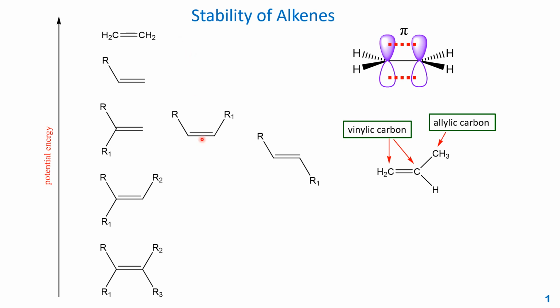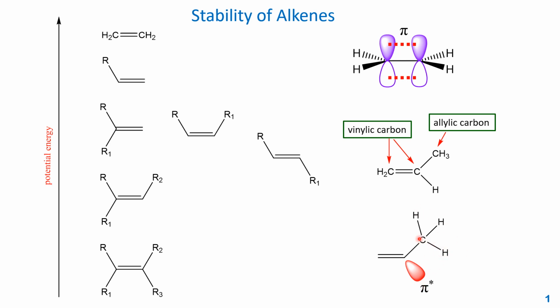So what's the reason? There are two reasons. First is the electronic reason for this stability order. I use this example, propene. If you have a substituent, then the pi star of the double bond, which is an anti-bonding molecular orbital of the double bond, can be stabilized by the neighbor sigma bond.